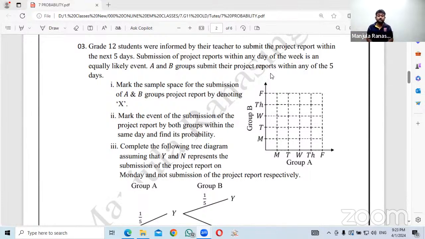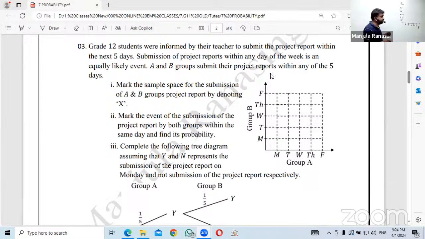Filling or not filling totally. So now as for the case, we can identify the grid is filled. So here the days Monday, Tuesday, Wednesday, Thursday and Friday. So that is the submission by group A. And here we have the submission by group B: Monday, Tuesday, Wednesday, Thursday, and Friday.